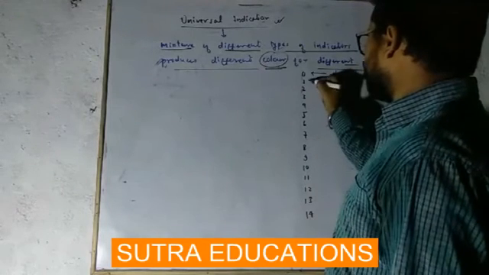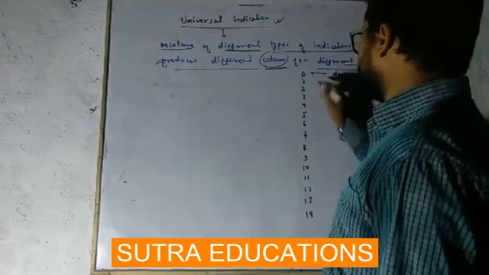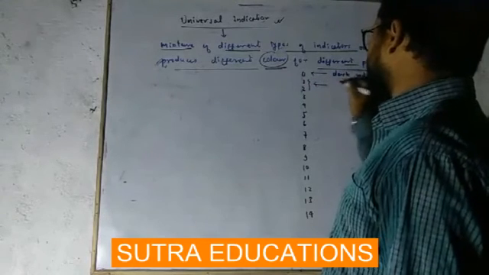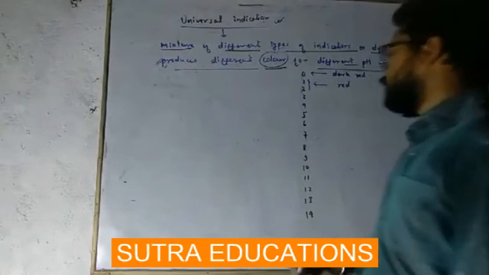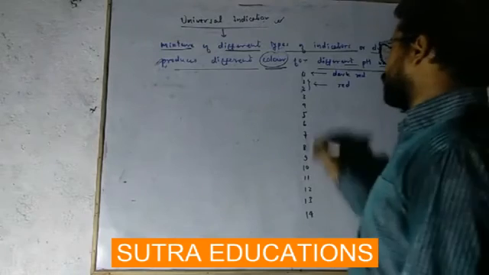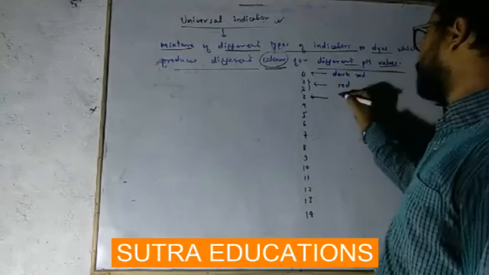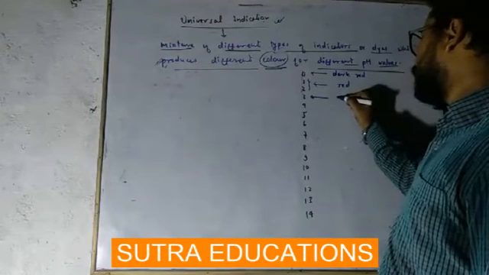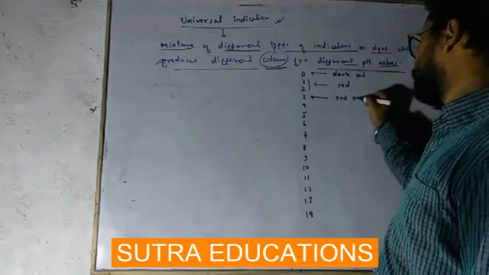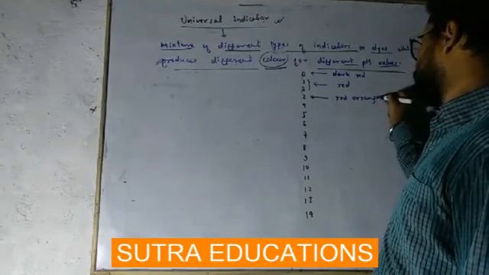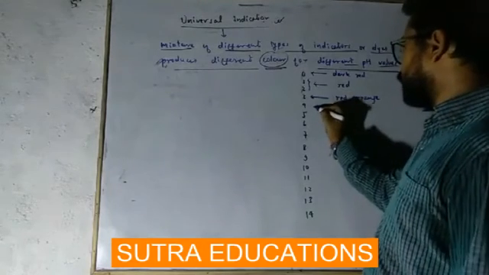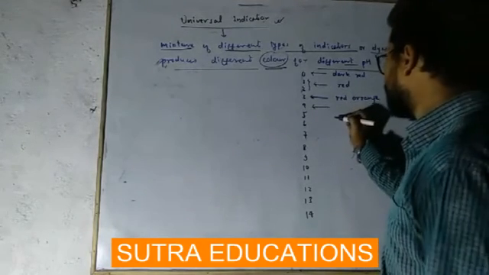For pH equal to 1 and 2, the color obtained is red. For pH 3, the color obtained on universal indicator is red orange. For 4, it is orange.